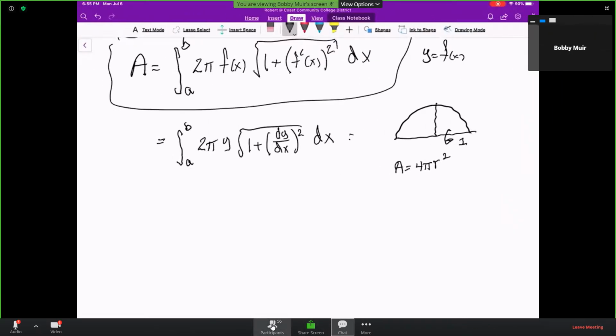Okay, so here's our y equaling the square root of 1 minus x squared.